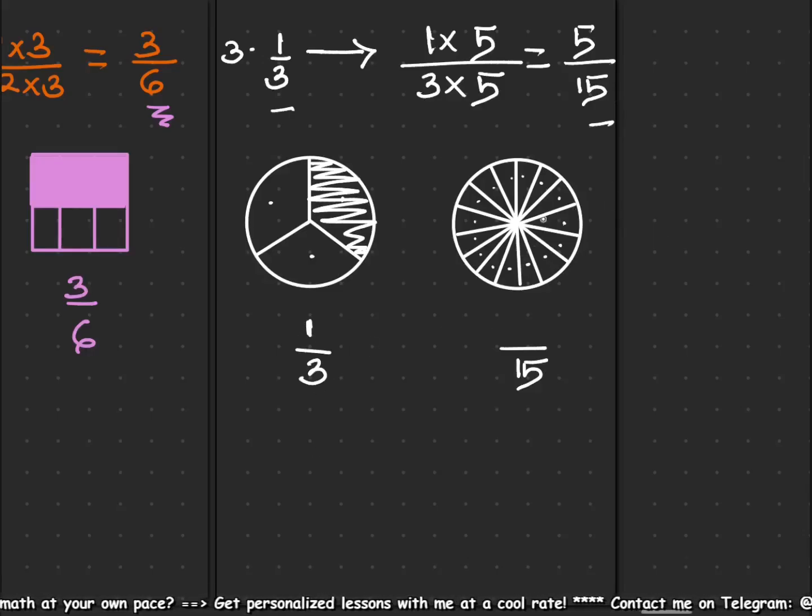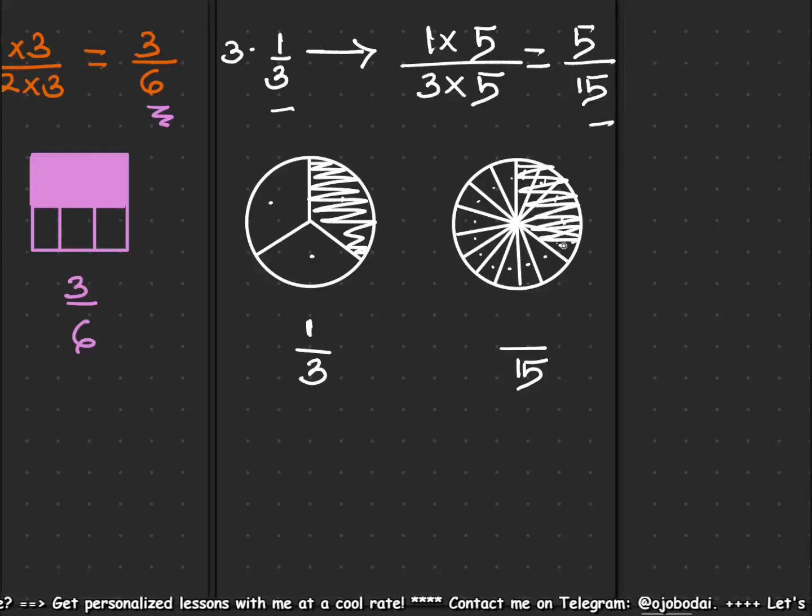For this second one here, we are taking 5 of the portions. So 1, 2, 3, 4, 5, and then let's shade that. You see? So how different does all this look? They actually look the same.